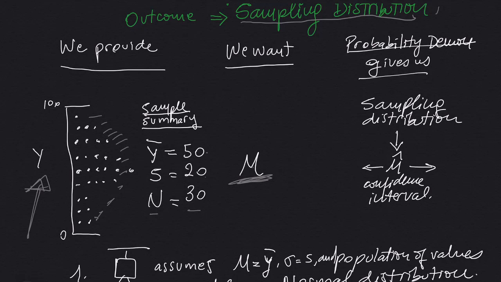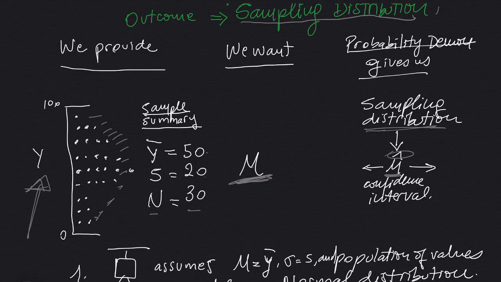The probability daemon will give us, as I said, a sampling distribution, and it will give us the mu hat. What's mu hat? This hat indicates estimation, so it will give us an estimation of mu. Because we don't know mu, because we don't have access to the large population we are interested in, we are going to get a mu hat, which is an estimate of mu.